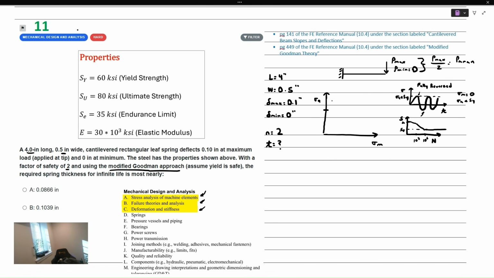If you had a zero valued mean stress and just alternating stress, you would have non-infinite life if you went above the endurance limit. What about if you had a zero alternating stress and just mean stress? When would you have failure? You would have failure when you hit the ultimate strength of the material. So this line here represents the line associated with infinite life, and we call this line the Goodman line.